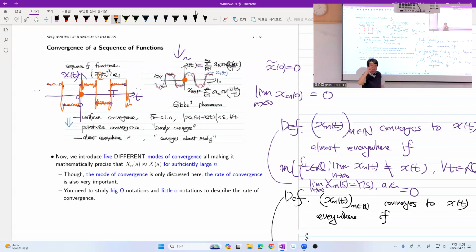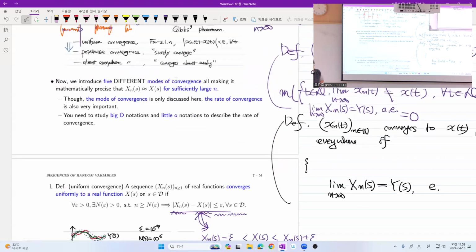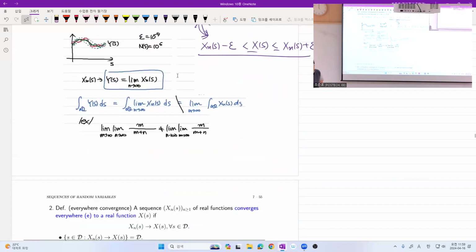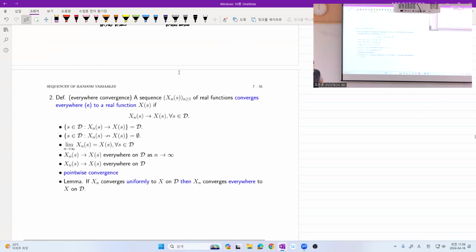So you cannot find an epsilon on which you say, okay, my function is there. You can't say that for this one. But that may be very critical in some applications.